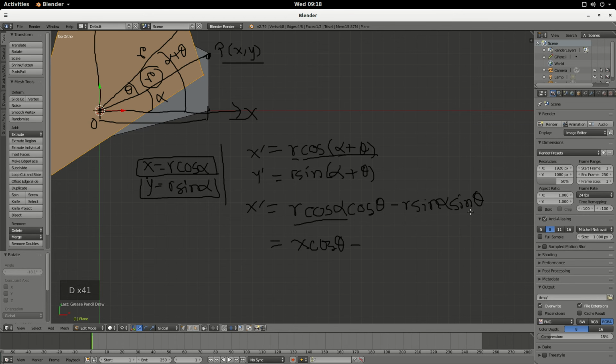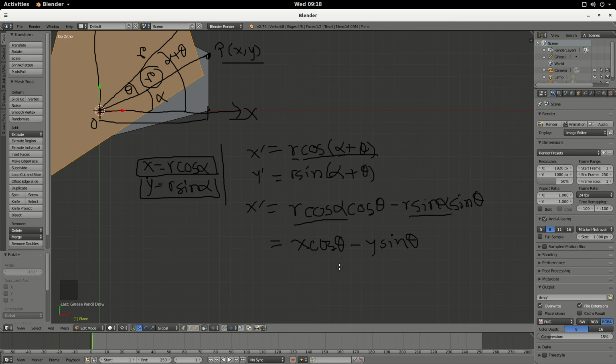Yes, Y sin theta, because here we got R sin alpha. So that's Y sin theta. Is that clear?